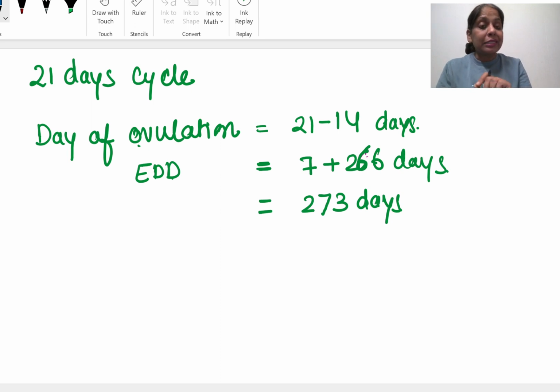So we will add 7 plus 266 days, that comes to be 273 days. Okay, so we know that if in the LMP we are adding 280 days, then it was coming 10th October. Now, if in the LMP we add 273 days, then it will come 3rd October, right? So in this way we can derive the EDD.